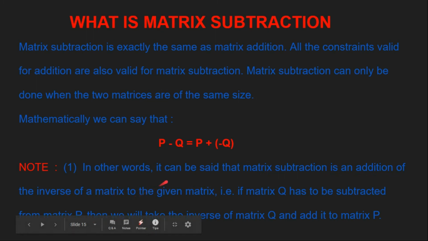It means if matrix q has to be subtracted from matrix p, then we will take the inverse of q. So just take the inverse of matrix q and add it to p.